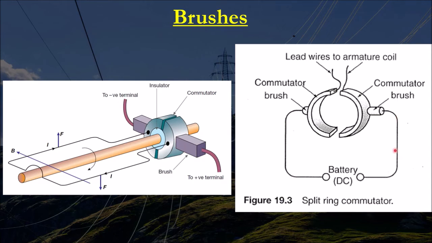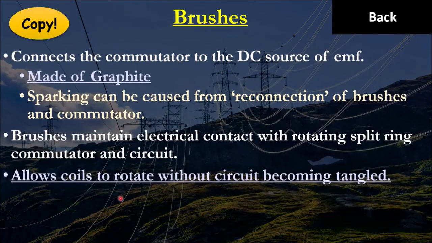That's not what we want. By having the brushes disconnected from the commutator and allowing the commutator to just rotate around upon itself, these cores don't ever overlap and tangle, and so the circuit doesn't have to unwire itself each time. So that's pretty much what the brushes do.